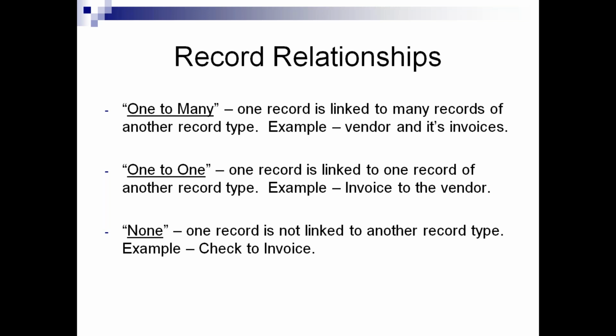If you are running a report and the check record is the driving record of the report, there is no field on the check record itself for an invoice number. So we would have to build that relationship with a formula instead. And in some cases, you may run into a situation where we can't do that. And so we'll have to come up with another way to get that information together if possible.